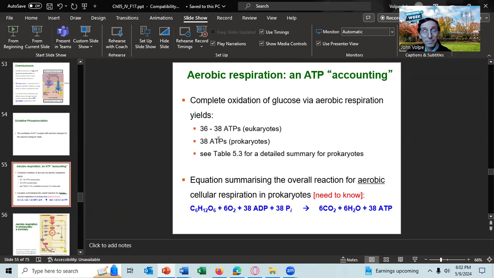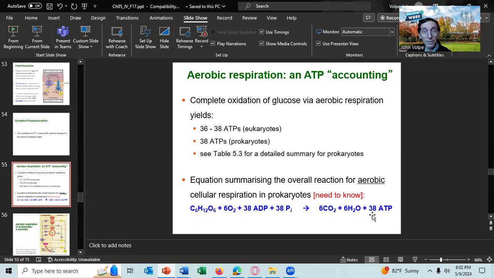in aerobic respiration. And remember, the summary equation for aerobic respiration is C6H12O6 plus 6O2 plus 38 ADP and 38 inorganic phosphates generates 6 CO2, 6 water molecules, and 38 ATP.